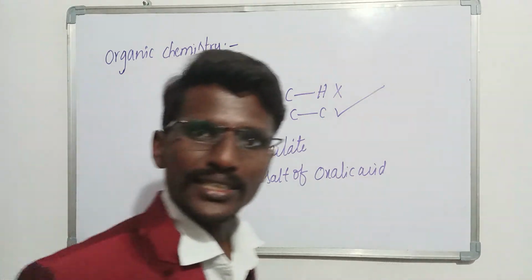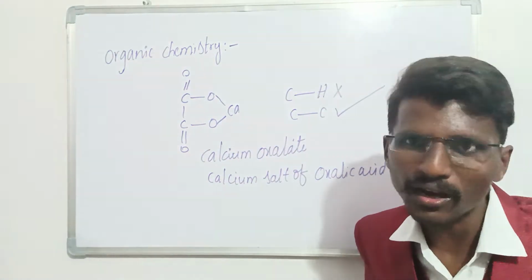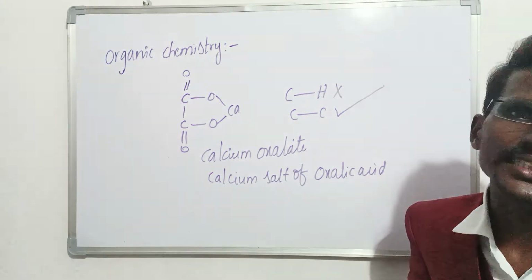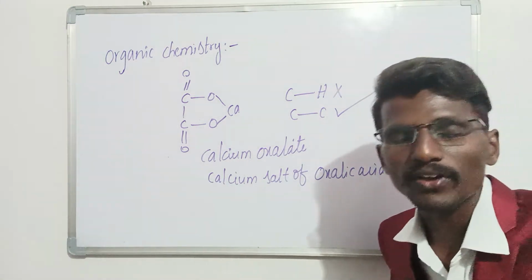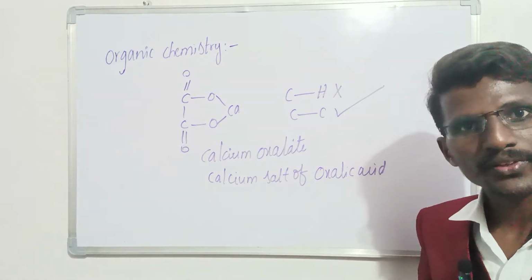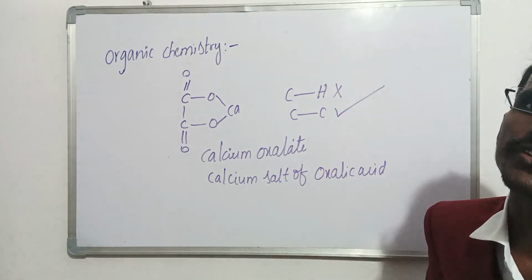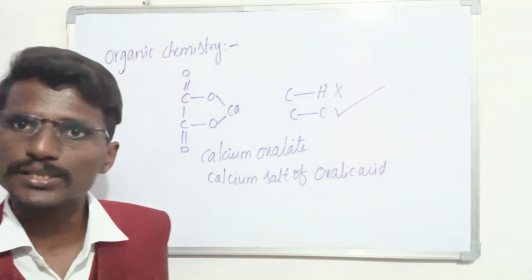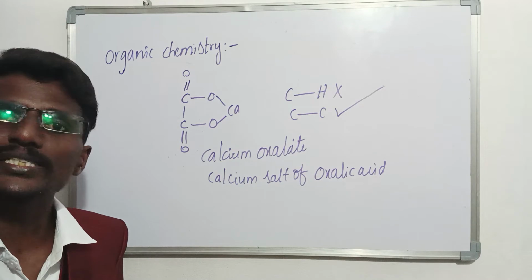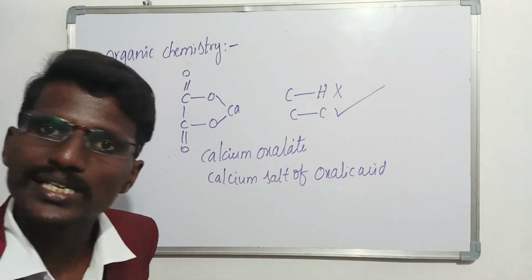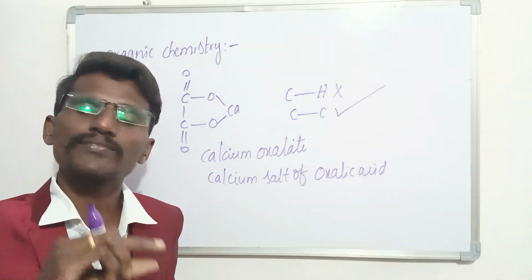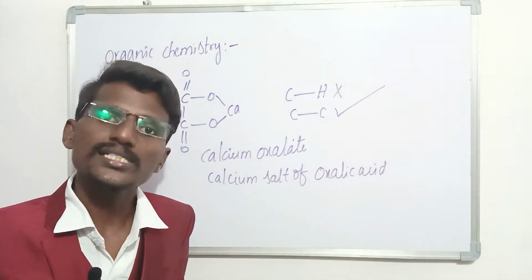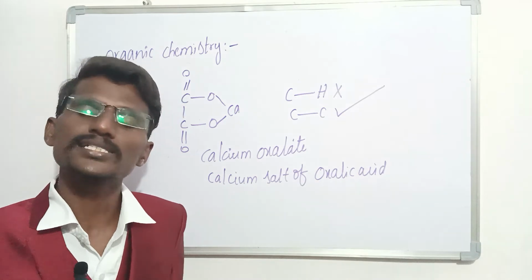So the study about carbon compounds is known as organic chemistry, but by that alone we cannot differentiate organic compounds from inorganic compounds. So if any compound is said to be an organic compound, it must exist with at least one CC single bond or one CH single bond.